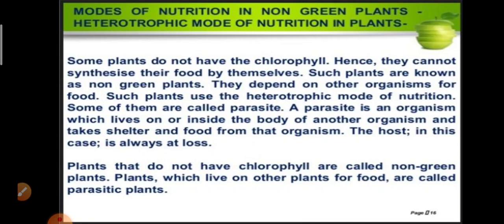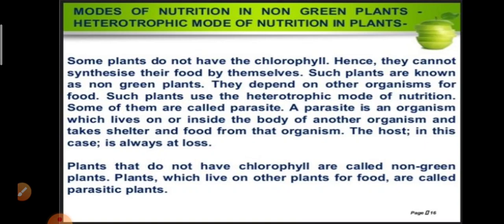Here some of them are called parasites. What is a parasite here? A parasite is an organism which lives on or inside the body of another organism and takes shelter and food from that organism.